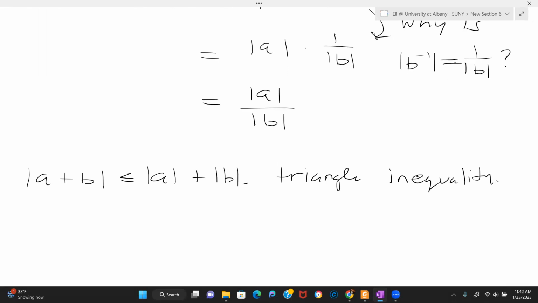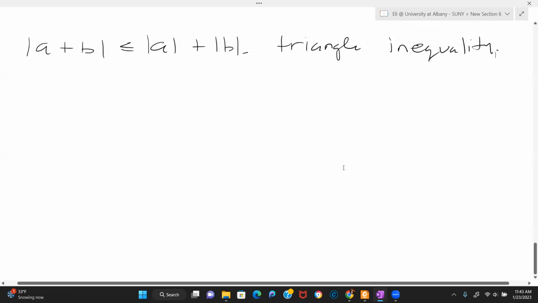All right, so that's enough of that. So let's move on. Enough for review. Let's move on to section 1.2.